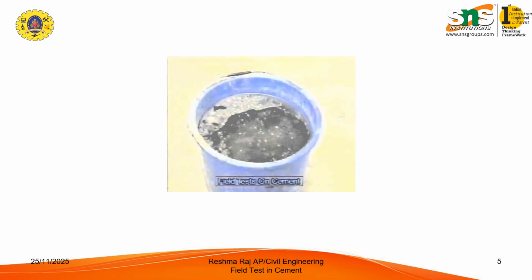This reaction causes the cement particles to absorb water and form a paste-like substance. As the hydration process continues, the cement paste becomes denser and heavier, eventually causing it to sink to the bottom of the bucket. So the floating and sinking of cement in water is due to the change in density during the hydration process.